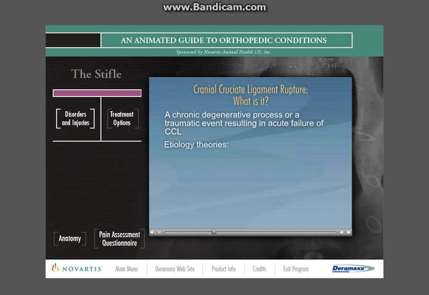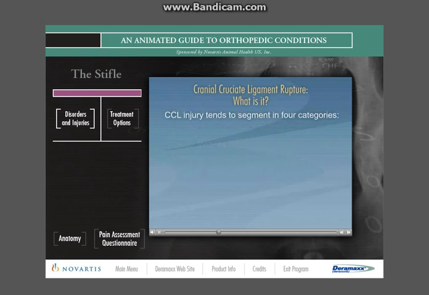The etiology of CCL rupture is not fully understood, but theories center around an immune-mediated disease, conformation, or inherent weakness of the ligament relative to the forces placed on it. CCL injury tends to segment into four categories. 1. Small or toy breeds where it may be secondary to medial patellar luxation. 2.